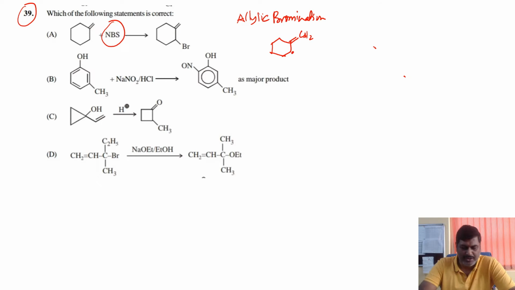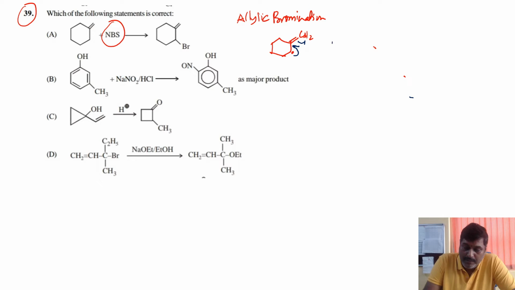But very interesting here, once this kind of free radical forms, it has another canonical form also. You see this one is moving here, and so this will go there, right?